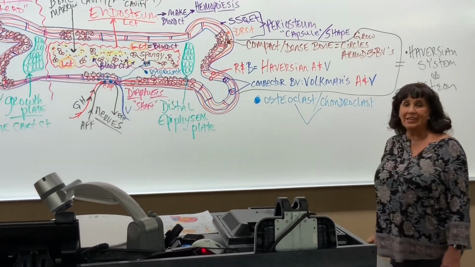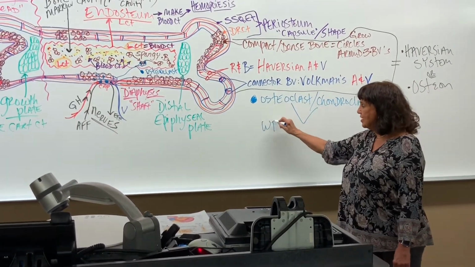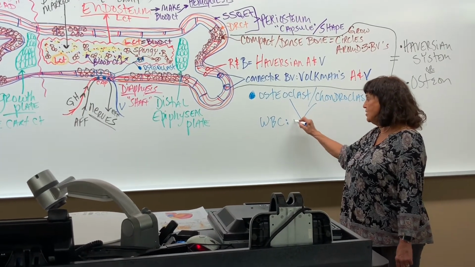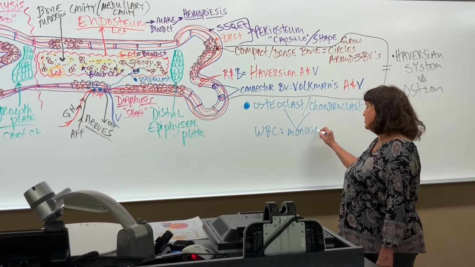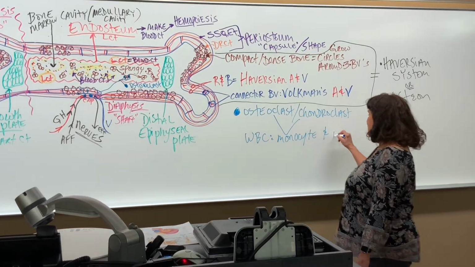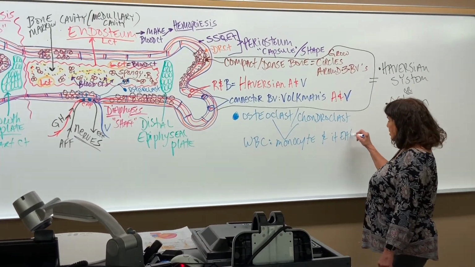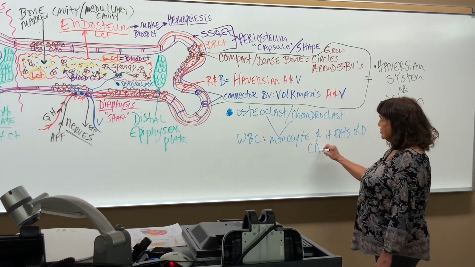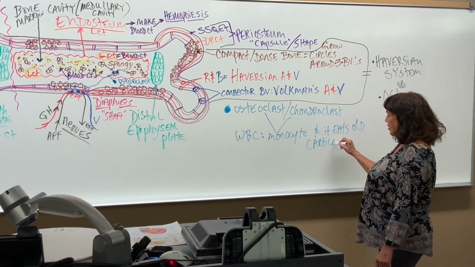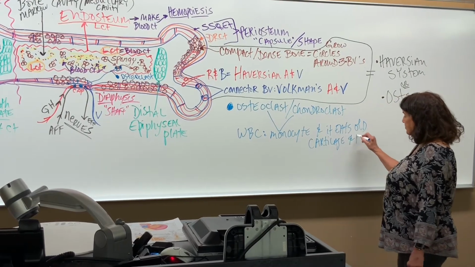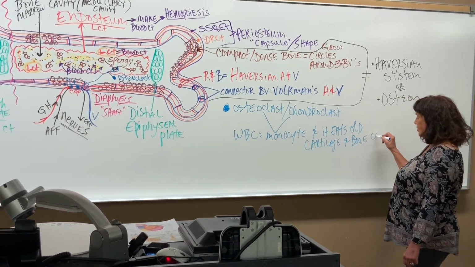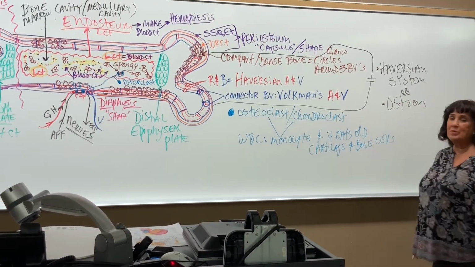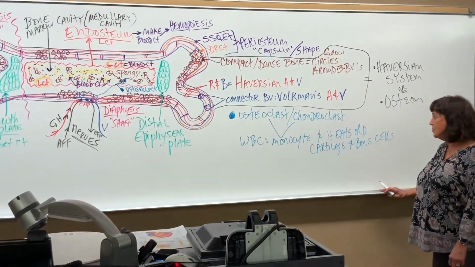Well, basically it's a white blood cell called a monocyte, and it eats old cartilage and bone cells, so you can basically make fresh matrix.